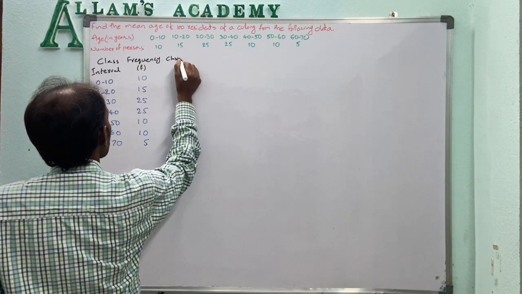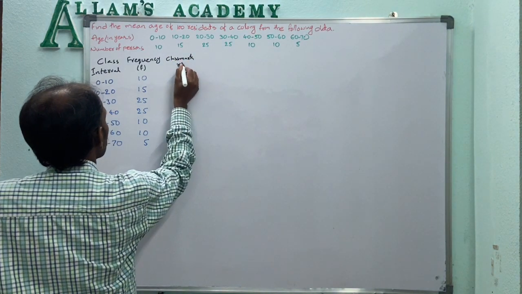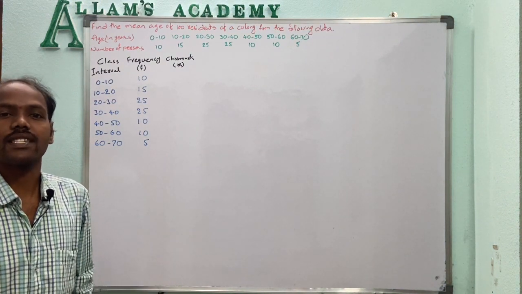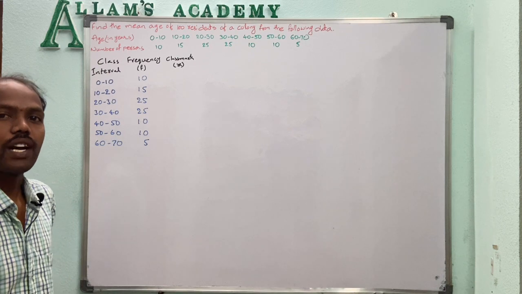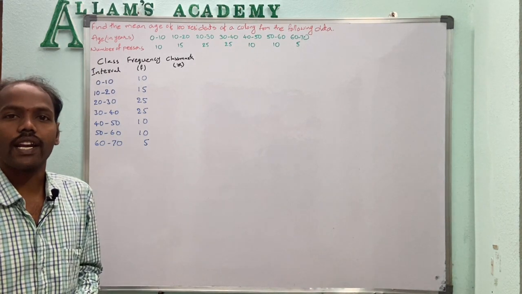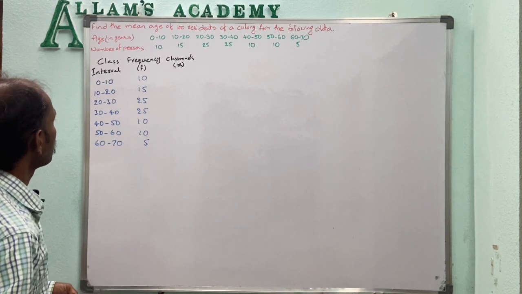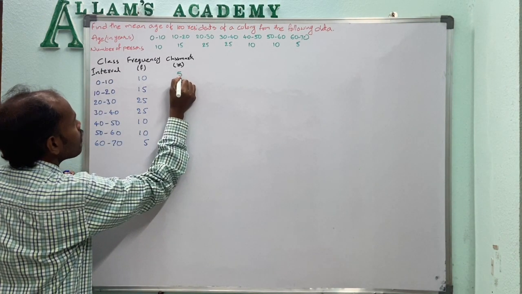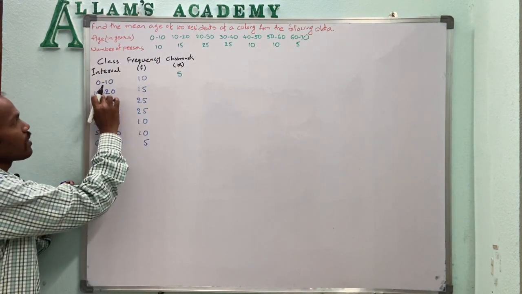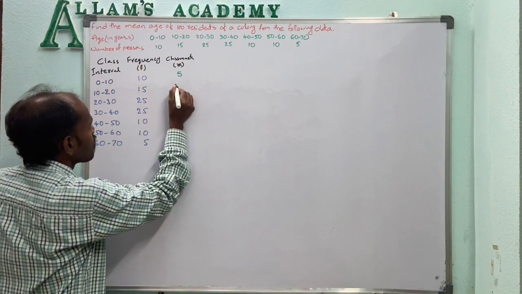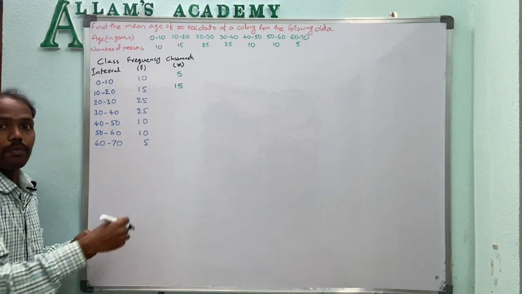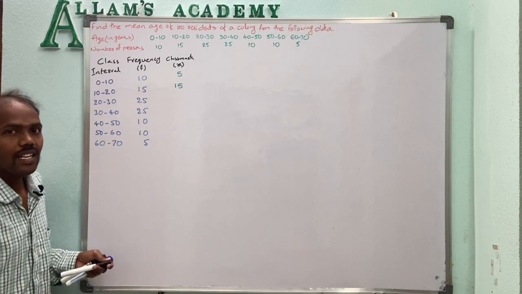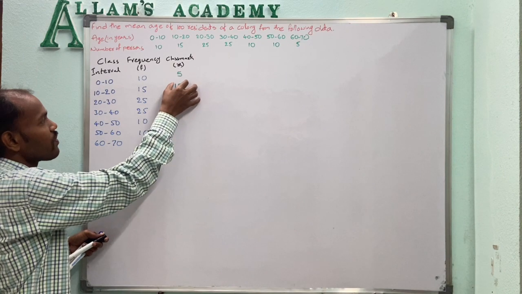Class mark, as we already said, is the average of the lower and upper limits of the class interval. So for 0 to 10, 0 plus 10 is 10, 10 by 2 is 5, and for 10 to 20, 10 plus 20 is 30, 30 by 2 equals 15. The height of the class is 10, so the difference between class marks is also 10.